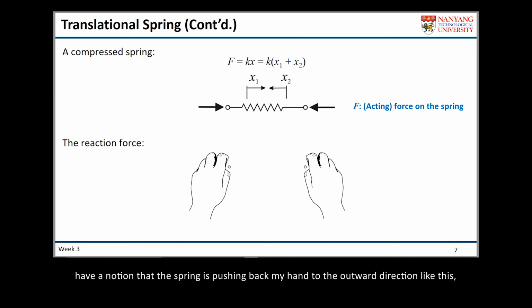My hand will have a notion that the spring is pushing back my hand in the outward direction like this. So it's just an action-reaction problem here. This is the reaction force to my hand because of the spring.